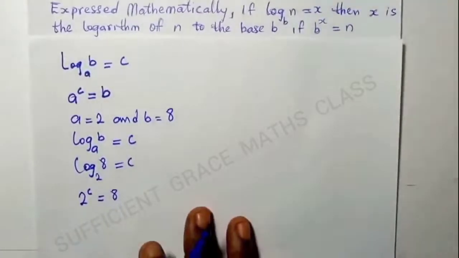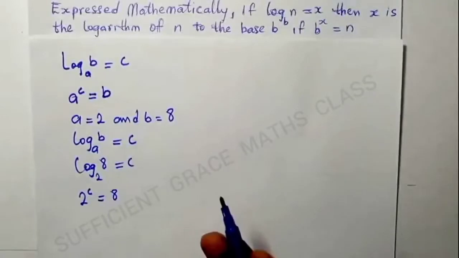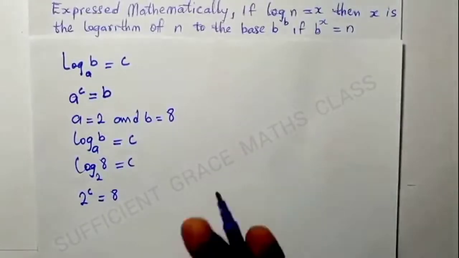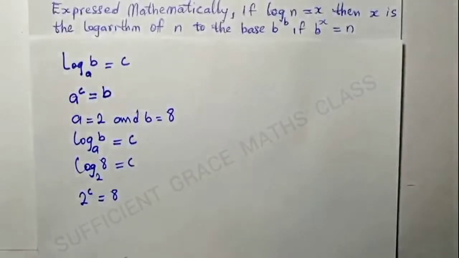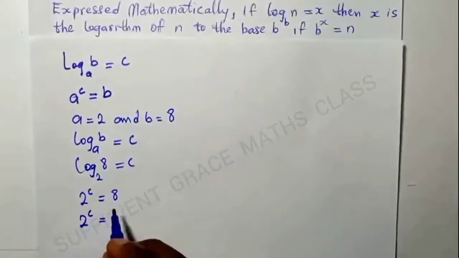For us to find the value of c, we express this 8 as a base of 2. That is, this 8 is a multiple of 2. Then we think of how many times 2 will multiply itself to give us 8. Then we have 2 raised to power c equal to this 8.